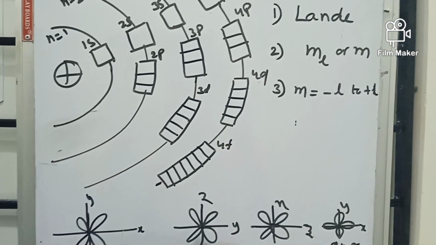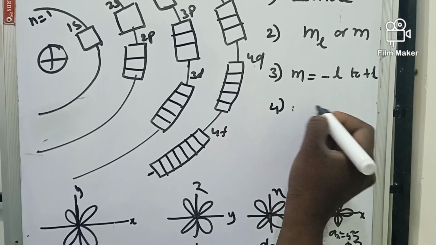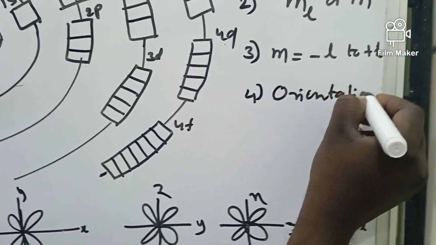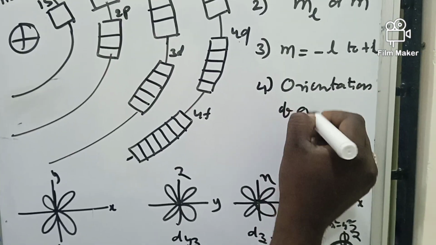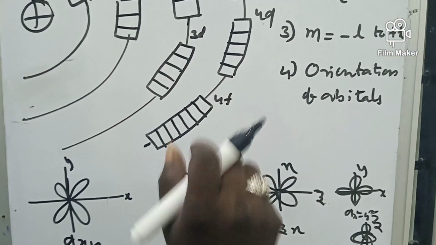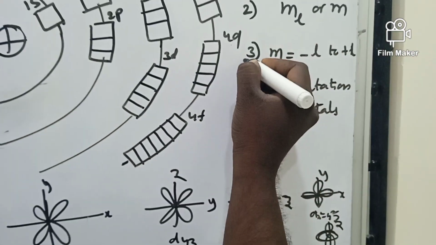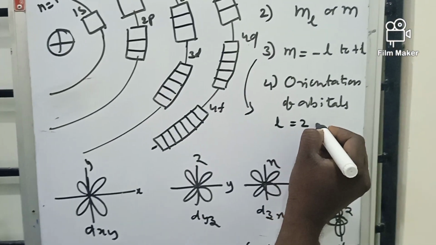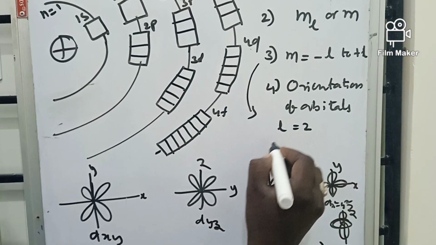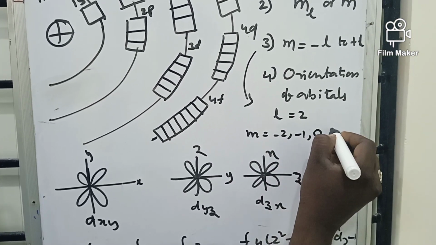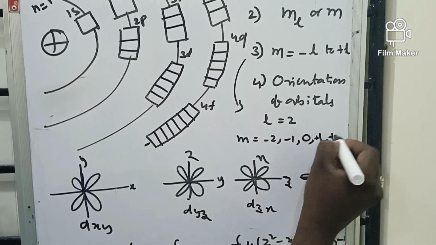It is used to know the orientation of orbitals, meaning the arrangement of orbitals, how these are arranged. For example, suppose l equal to 2, which means it is a d orbital. So m values are minus 2, minus 1, 0, plus 1, plus 2.